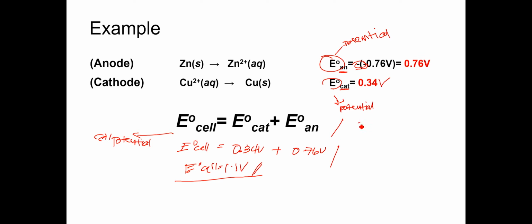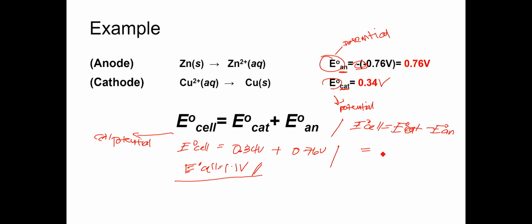You can also use the other one. So, pwede nyo rin gamitin yung formula na E cell. That is E naught of the cathode minus E naught of the anode. Kaya nga lang, if you're using this equation, yung difference, you don't need to multiply it by negative.